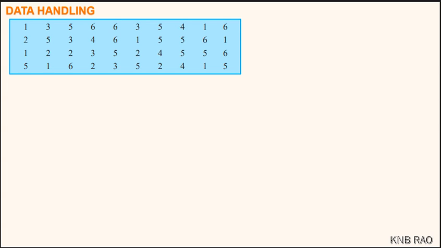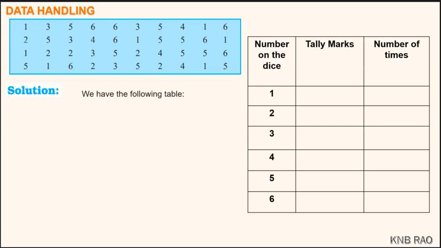See children, for this first I will make a table. Here I am making a table. This is the following table that I have got. Number on the dice 1 to 6, we will use tally marks, and the number of times that number is appearing. So, 1 appeared once, 3, here I am taking a tally, 5, here I am taking a tally, 6 for 2 times.